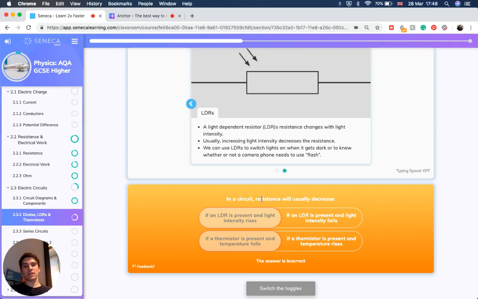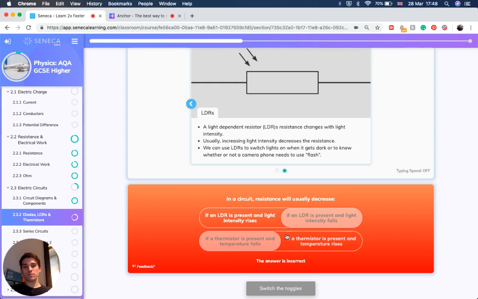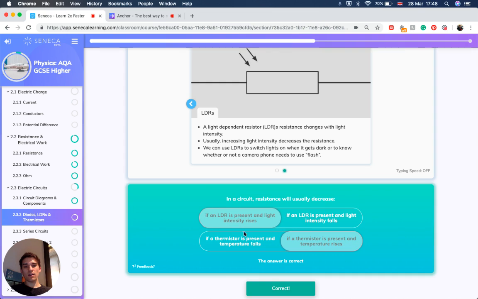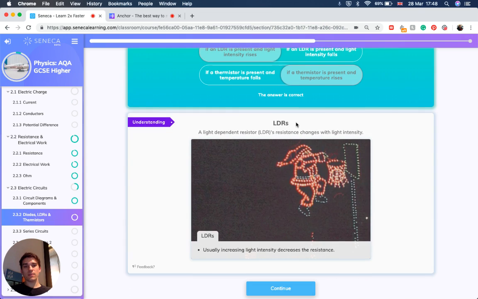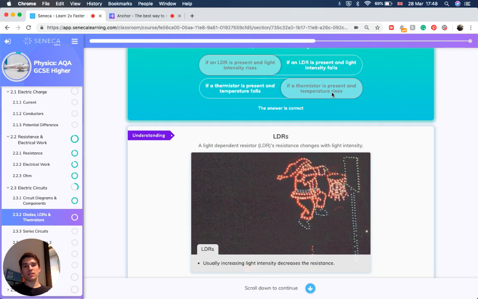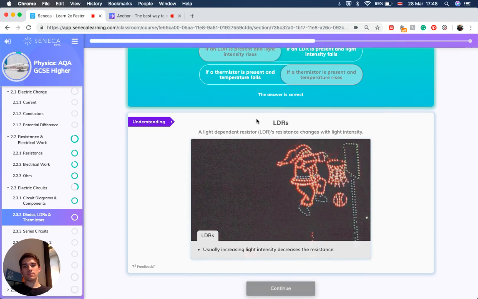Now, in a circuit, resistance will usually decrease if an LDR is present and light intensity rises, and also if a thermistor is present and temperature rises.